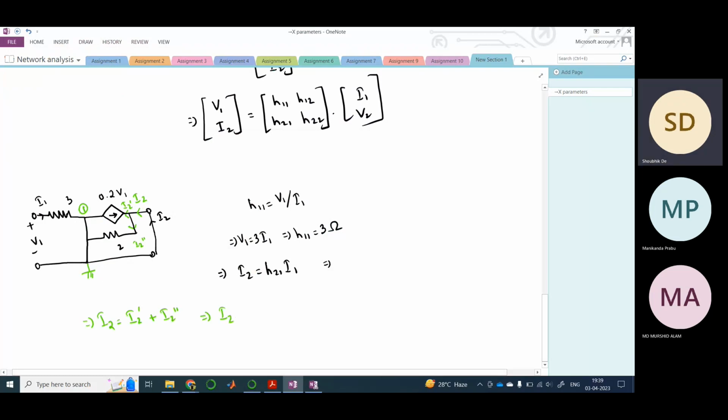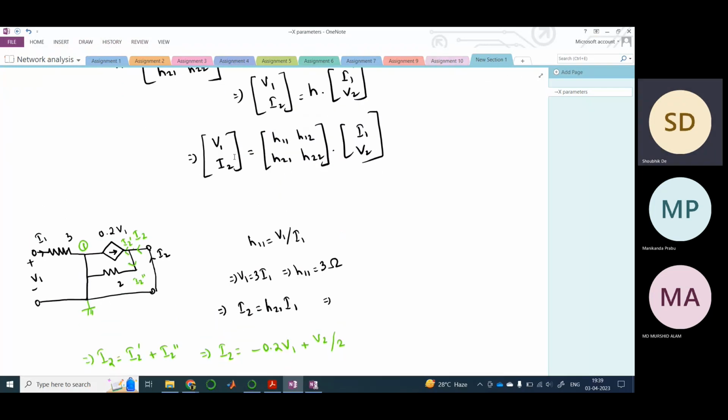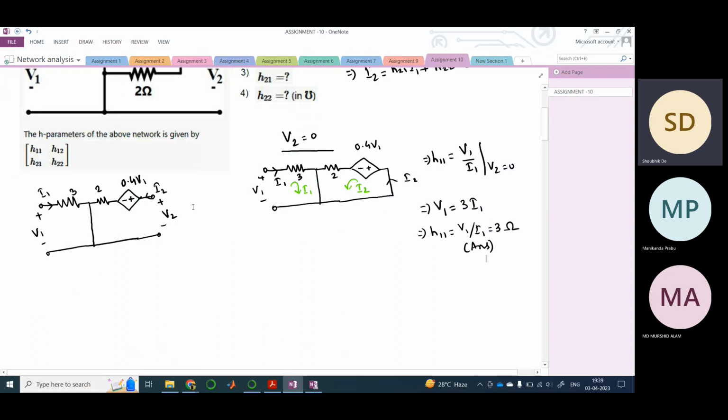I2 is I2 only, and I2 double dash is minus 2V1. The polarity of this part here was V2, V2 by 2, because initially this circuit had V2 potential.